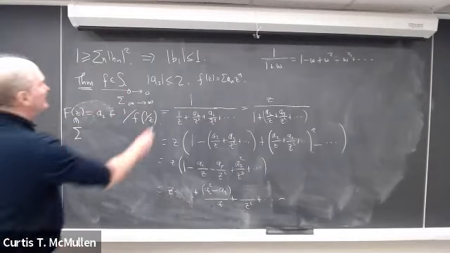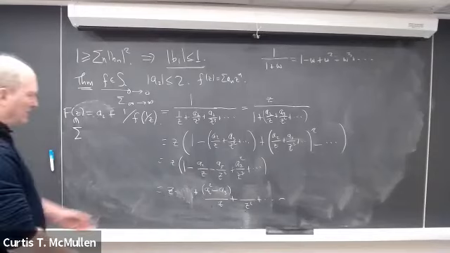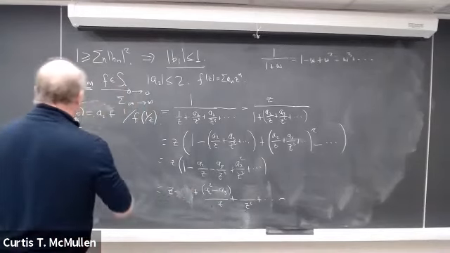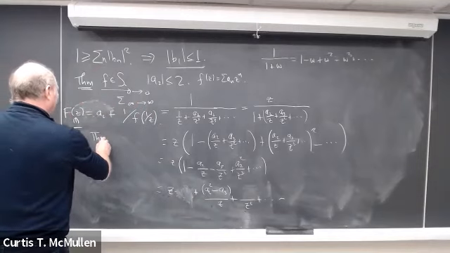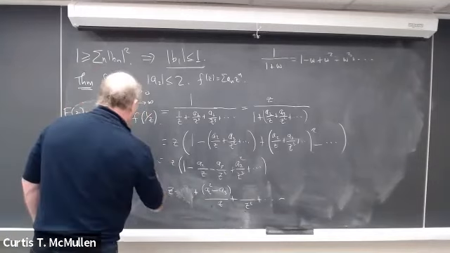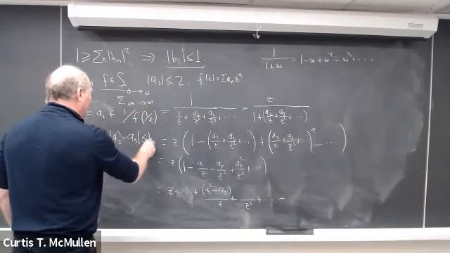And now we can use this fact that b1 is less than 1. Okay, so what do we get? Well, we get this strange combination of a2 and a3. So what we get is that a2 squared minus a3 is less than or equal to 1.